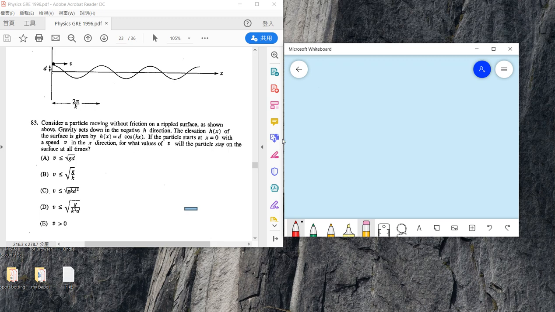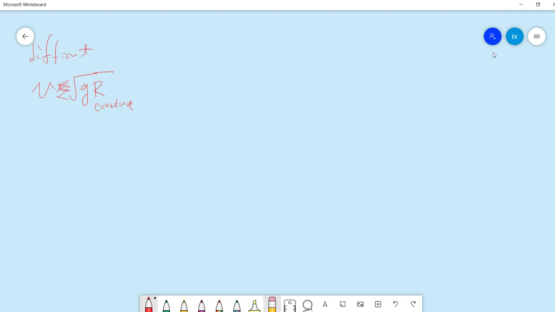The difficult way is that at each point your v should be less than the square root of g times the curvature radius, right? But the difficult point is this is a plane curve. So the plane curve has the curvature.